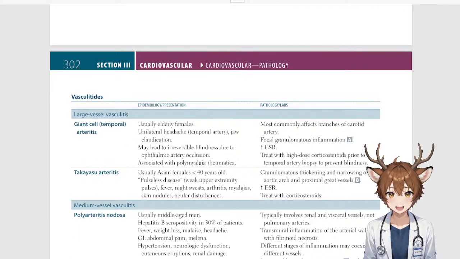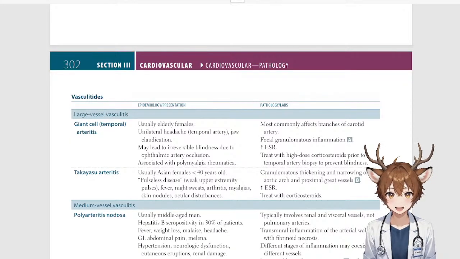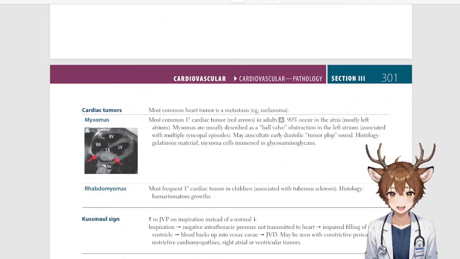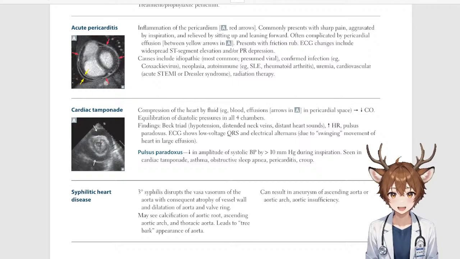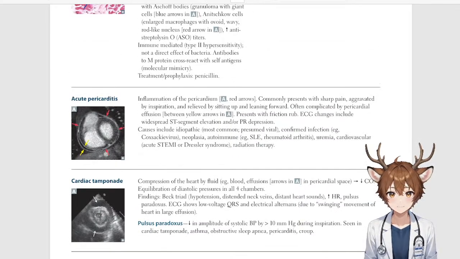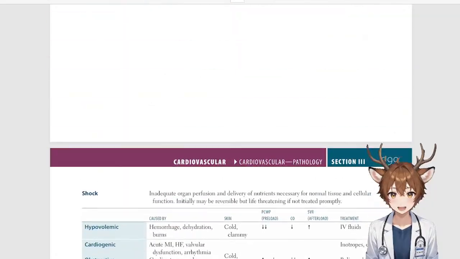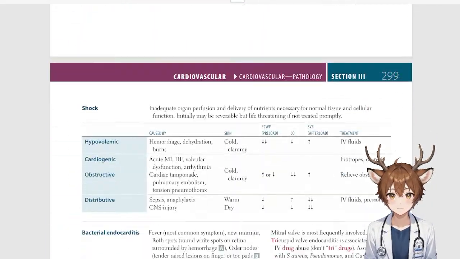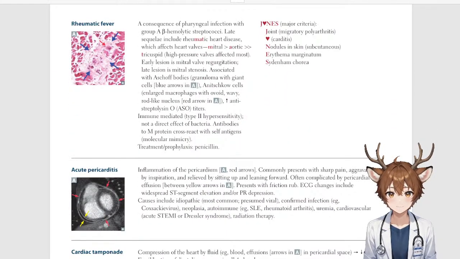Vasculitis? Do we even get into vasculitis? I almost certainly would have to, right? Oh, I have Kussmaul sign here. Myocarditis. I guess that was a bigger deal back in the day. I'm not going to cover that if it's not covered in my book here. If they decide to ditch it, then I'll ditch it too, for my reading. You're free to read it if you want to. Whatever.